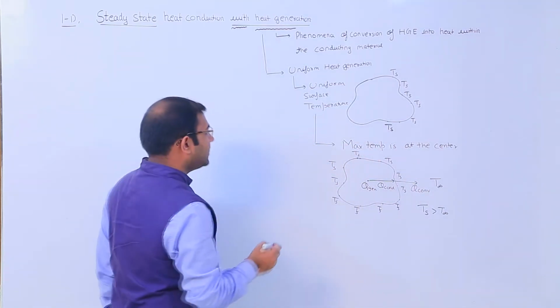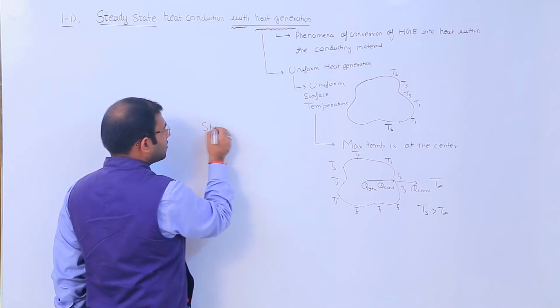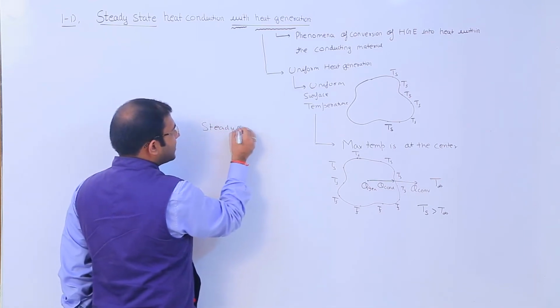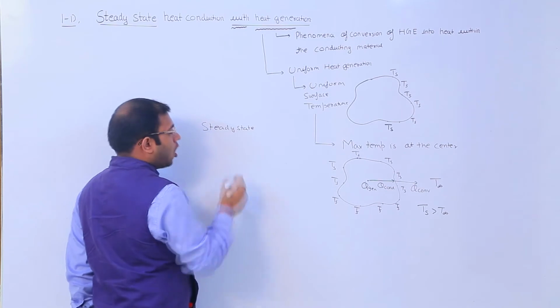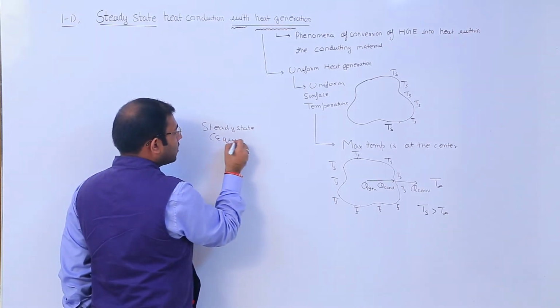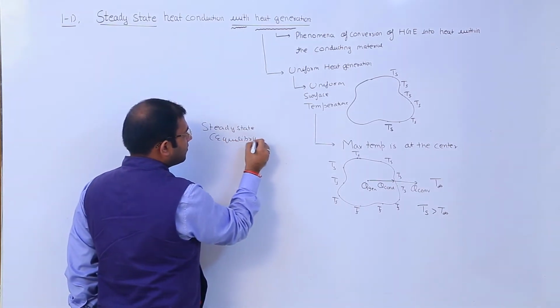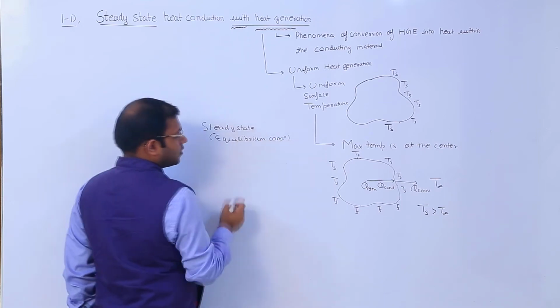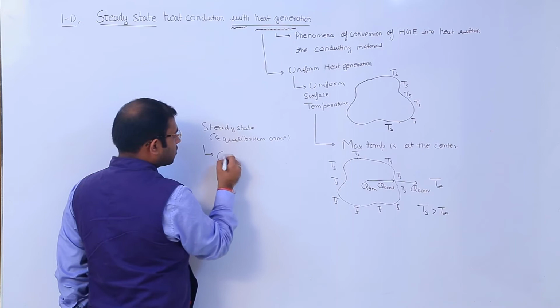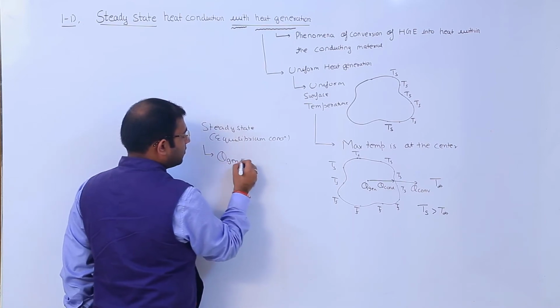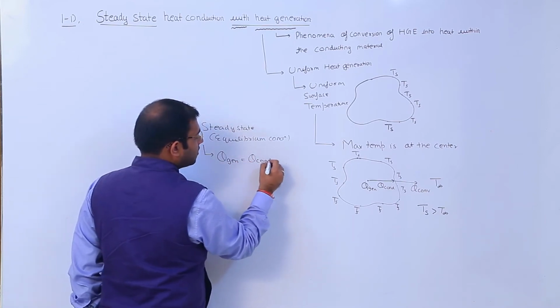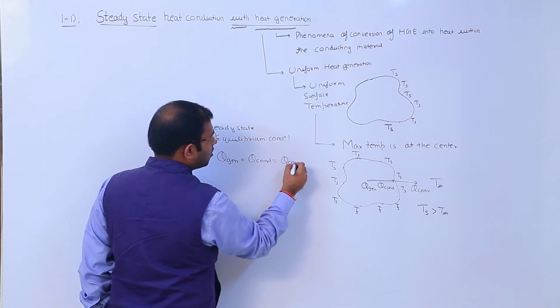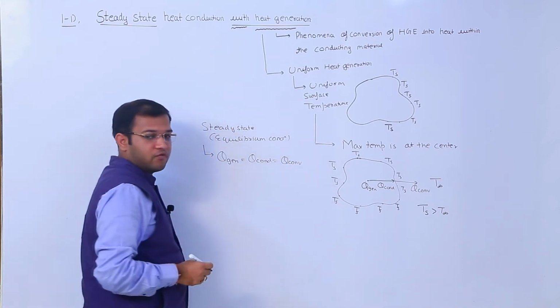And for steady state, or for equilibrium condition, we know that Q generation will be equal to Q conduction will be equal to Q convection. Fine.